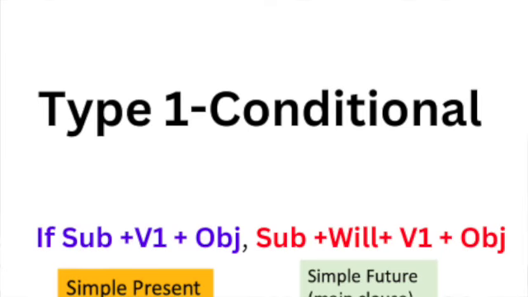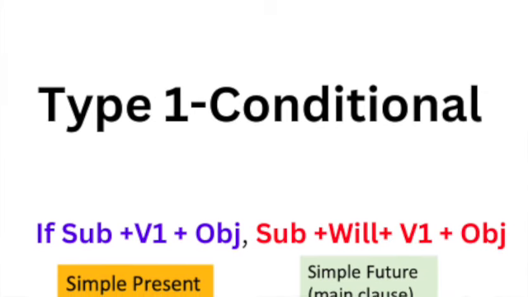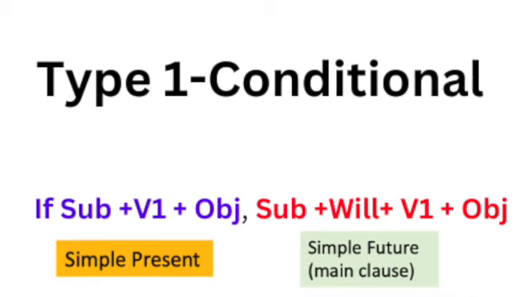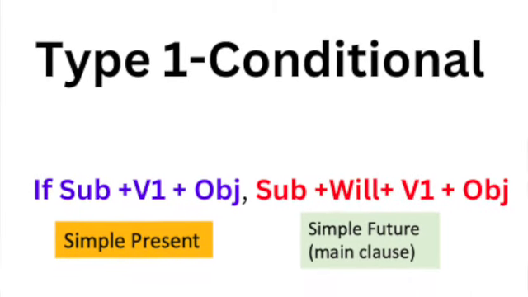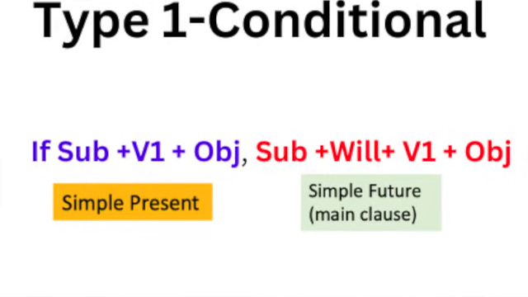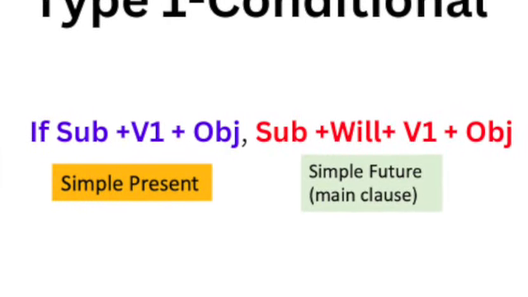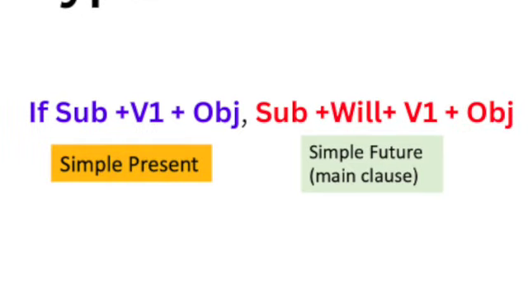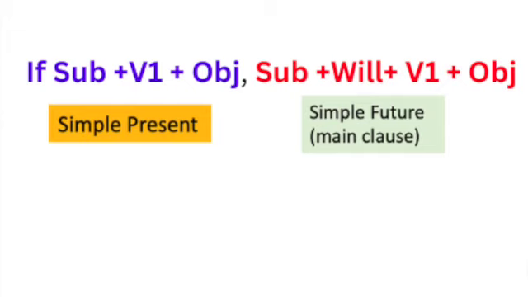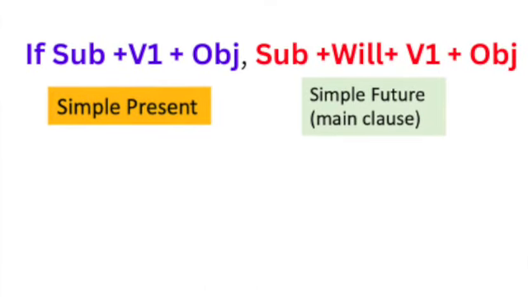Let's see what the sentence structure is and how we can frame a sentence. The formula for the first conditional is subject plus V1 form of verb plus object, comma, subject plus will plus V1 form of verb plus object. So the if clause goes with simple present tense and the main clause goes with simple future tense.